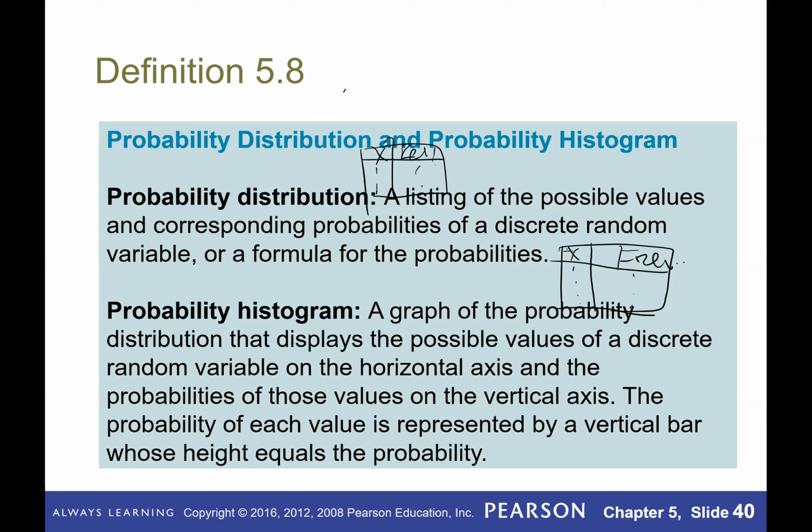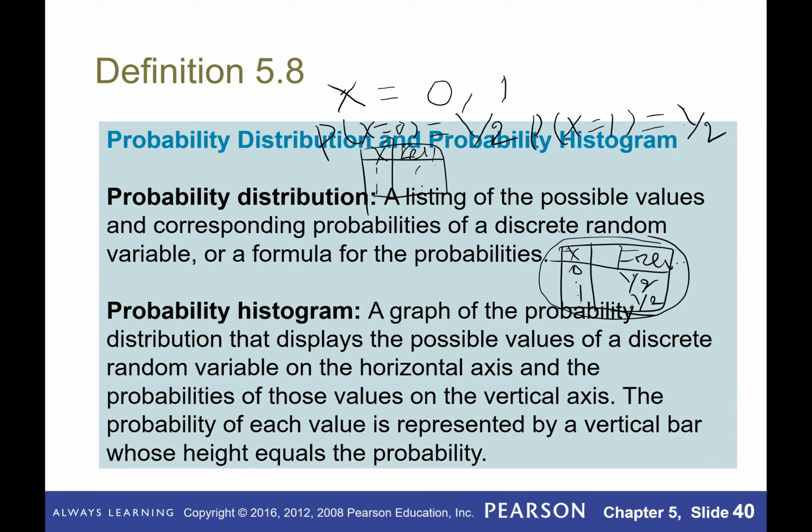So if x is a random variable and it takes only 2 numbers, head and tail, so probability of x equals 0 has some probability, and probability of x equals 1 also has some probability, right? So if we list all the values of x, here x is 0 and 1, and if it is a fair coin, then this will be half, this will also be half, and we list the corresponding probabilities here.